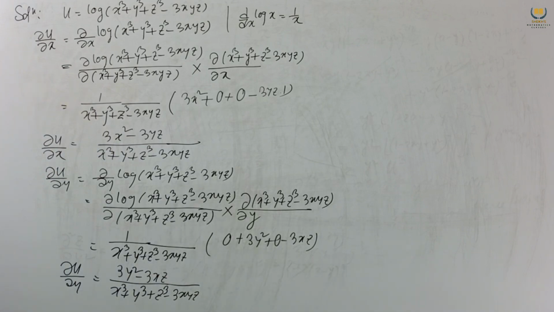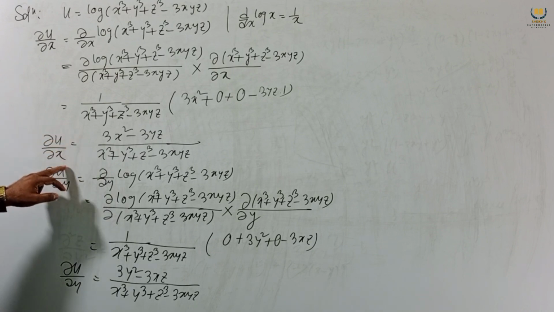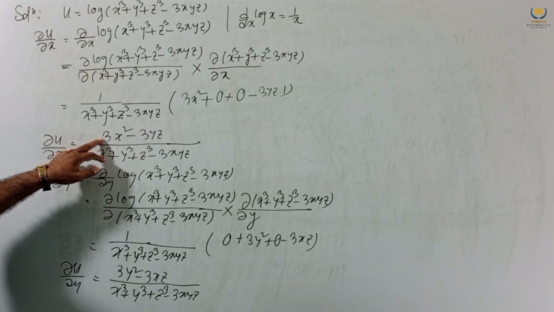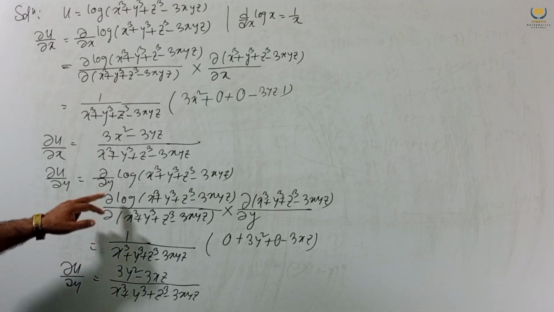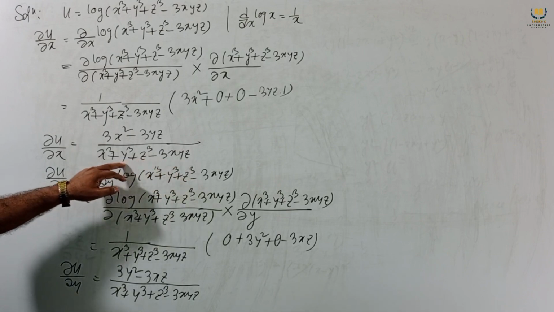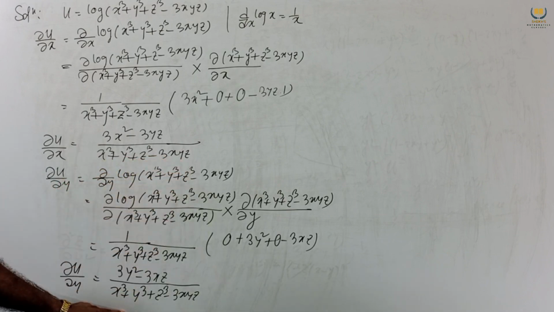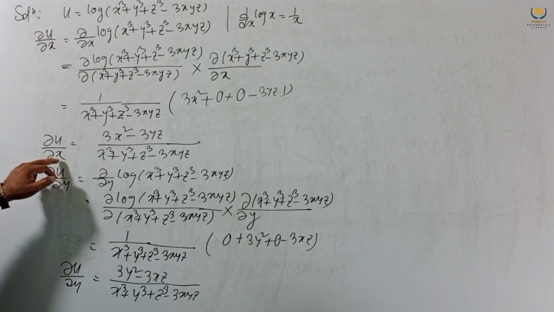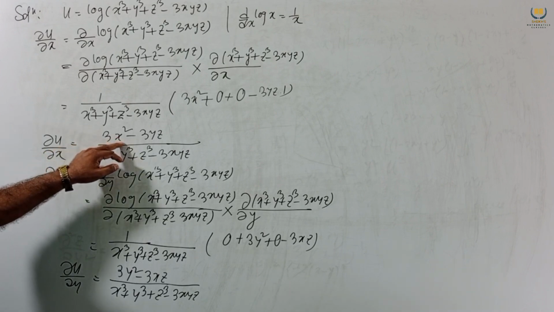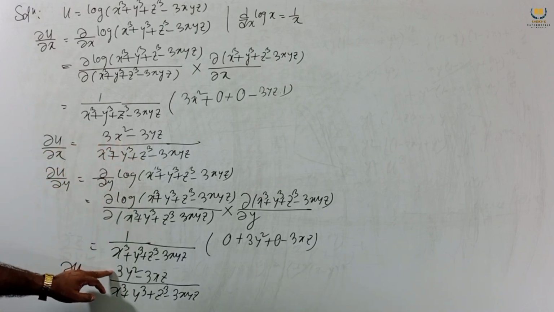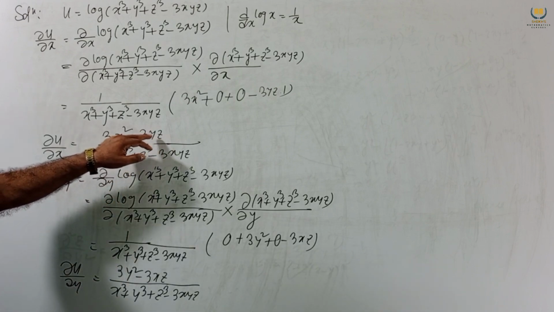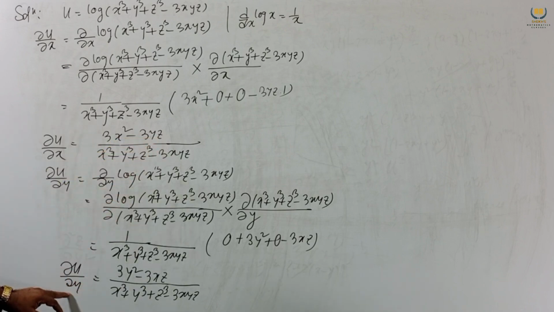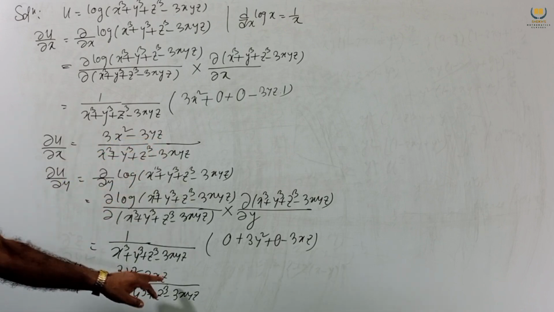We get this one. Now what is the technique when we find ∂u/∂x? In the numerator first is 3x² and for ∂u/∂y first is 3y². The denominator is the same, x³ + y³ + z³ - 3xyz. When we differentiate partially with respect to x, first is 3x², and with respect to y it means 3y². When differentiating with respect to x, here x is absent; when differentiating with respect to y, here y is absent.